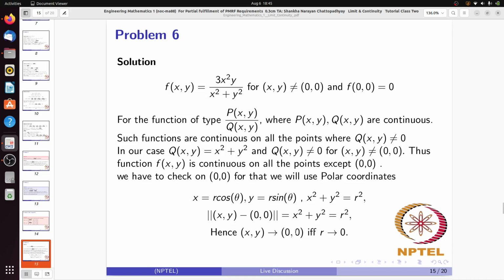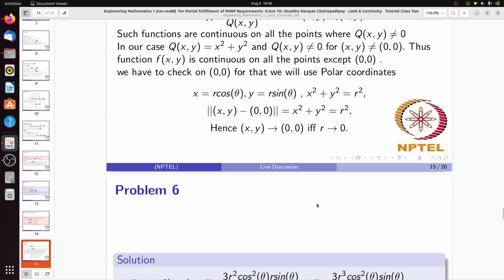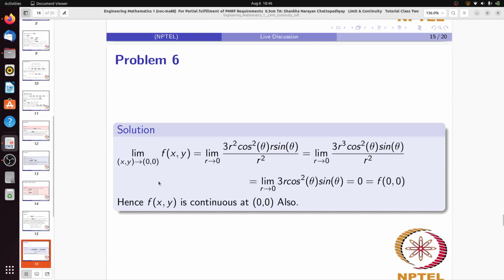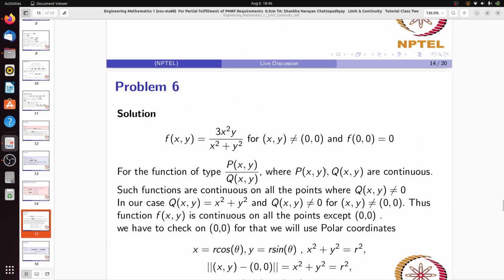Hence (x,y) tends to (0,0) if and only if r tends to 0. So in problem 6, instead of the limit of f(x,y), we will put x as r cos theta and y as r sin theta.